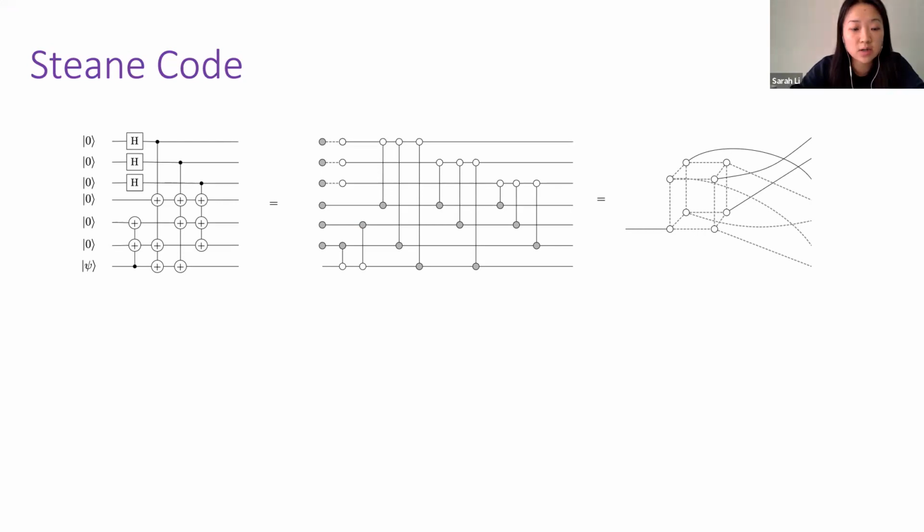Z1 bar is implemented by Z1, Z3. X2 bar is implemented by X1, X3. And Z2 bar is implemented by Z1, Z2. But equivalently, we can define a logical operator set like this, but just put this here.